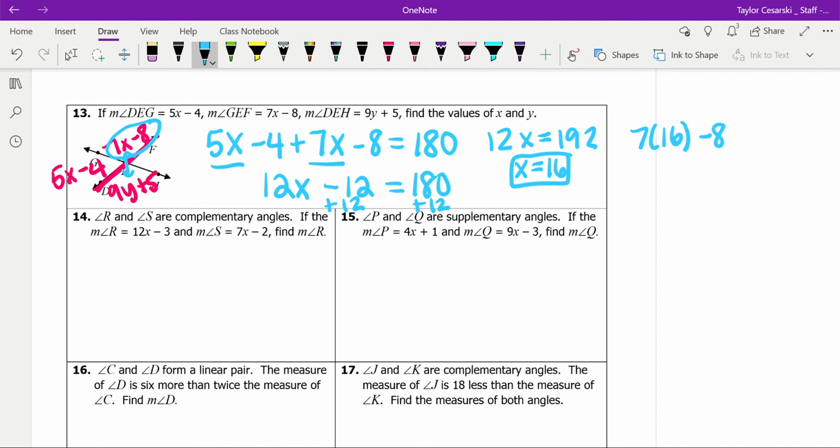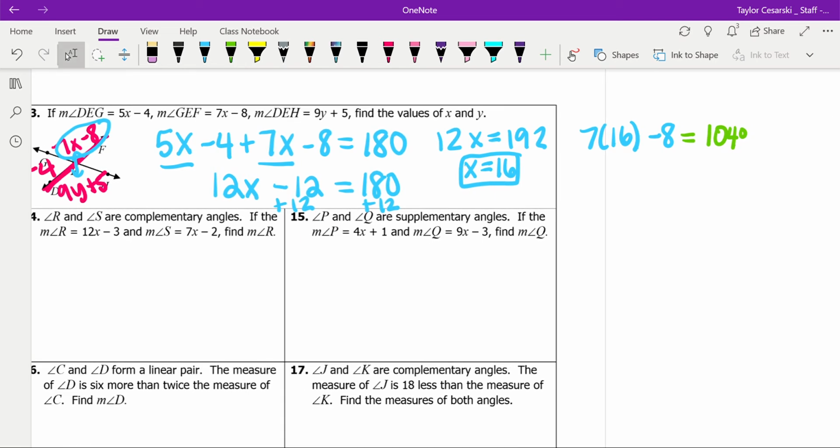You can plug that in your calculator, and you should get 104 degrees. Okay, now if this one up here is 104, that means this one on the bottom is 104. So 9y plus 5 equals 104.